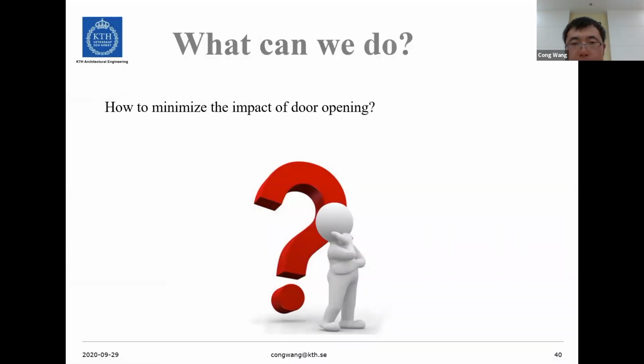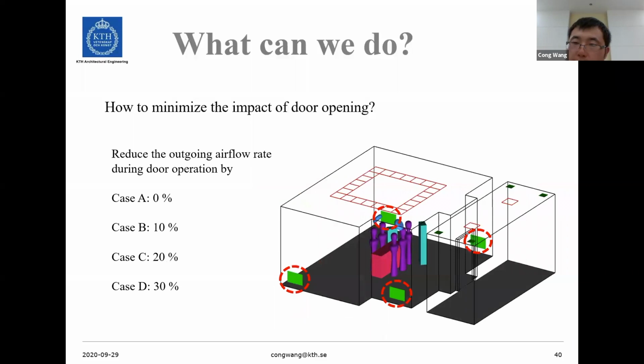Then you may wonder, since we have noticed this very important impact of the opening on the airborne contamination, what can we do, how to minimize the impact of the opening. In our study, we have proposed to reduce the outgoing airflow rate during the operation. We defined 4 cases. Case A is the reference case, and in case B, we reduce the outgoing airflow rate by 10%.